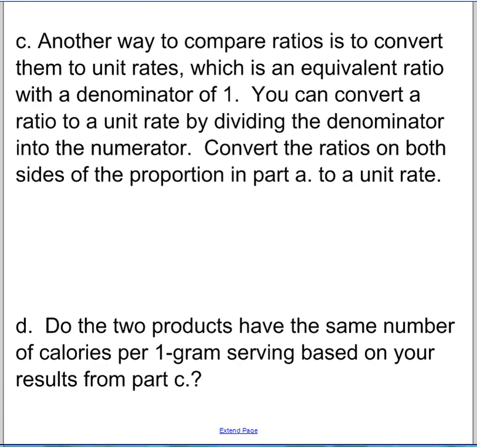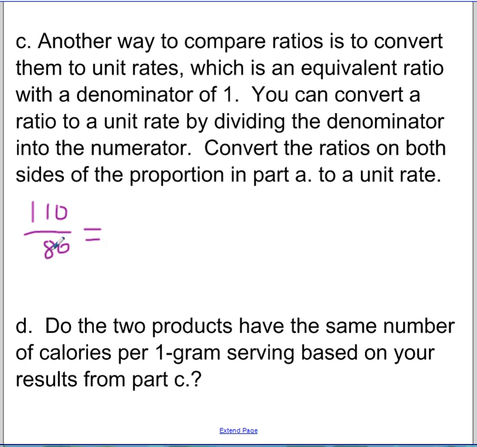Another way to compare ratios is to convert them into unit rates, which is the equivalent ratio with a denominator of 1. You can convert a ratio to a unit rate by dividing the denominator into the numerator. Convert the ratios on both sides of the proportion into a unit rate. And so what we would want to do to get this is to take our 110 over 80 and divide both numbers by the denominator.